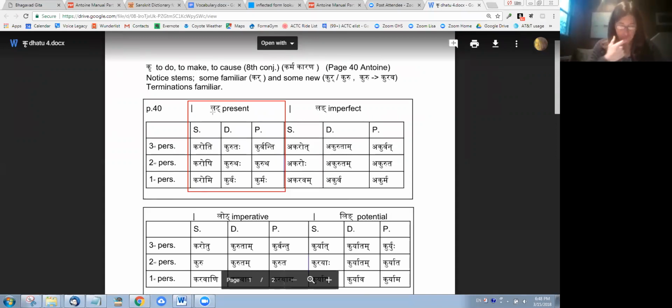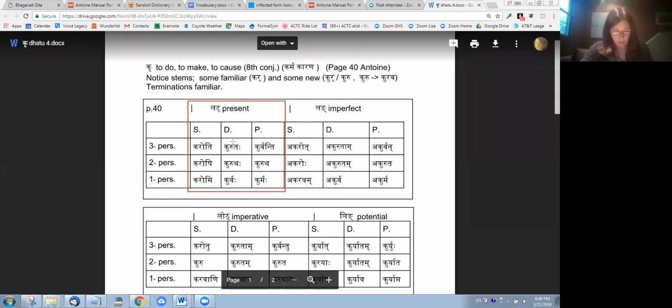So page 40 of Antoine. Let me know when you're there. Okay. I think I'm here. Okay, so the bottom left is what I'm going to have you read in a minute, but instead, I'm going to have you follow along instead of read, and I'll describe why in a minute.